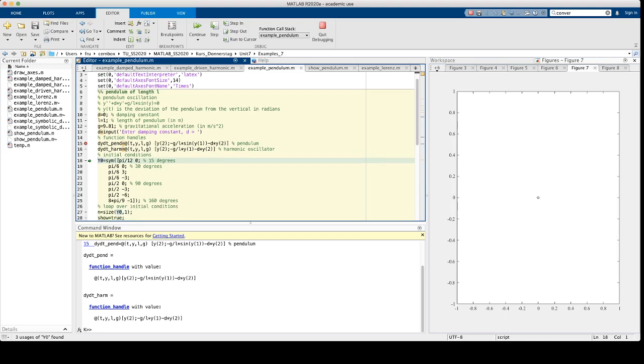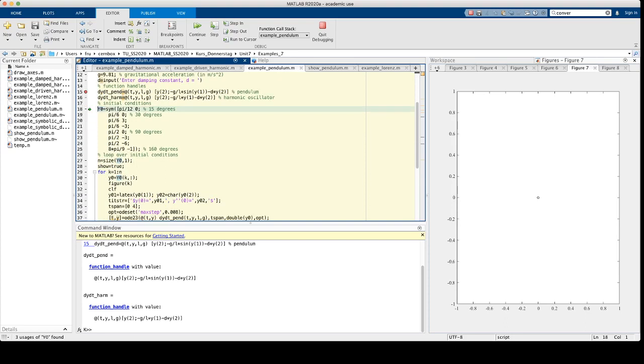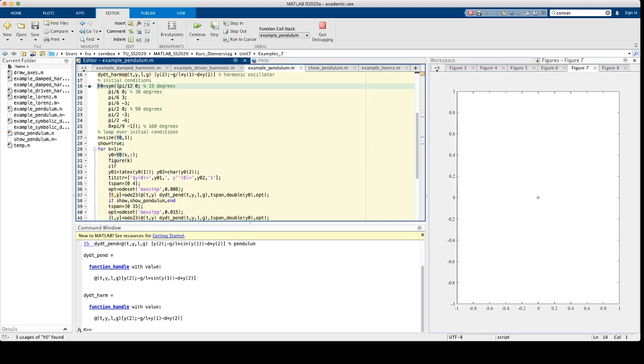We can now run through this set of initial conditions, and I will also show you a graphical animated representation of the pendulum oscillation. So let's go to line 30. We select the first set of initial conditions.